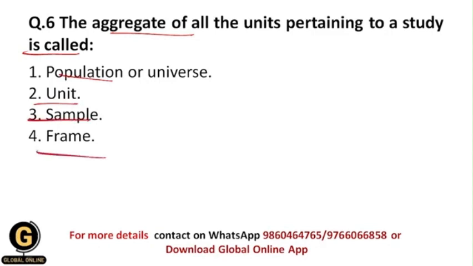Basically, students, it is called the population or universe, because the population comprises all the units, or the universe includes all the units which are part of the universe. Whole population or whole universe includes all the units which are relevant to a research study. So whenever you aggregate all these units, then obviously you will form a whole population or universe. That's why your correct answer should be 1.